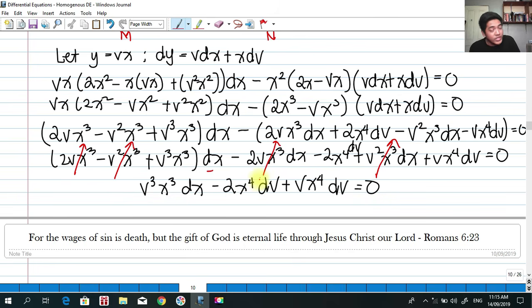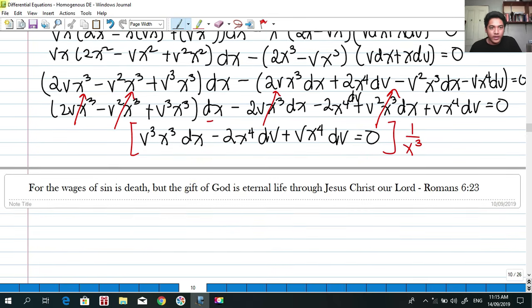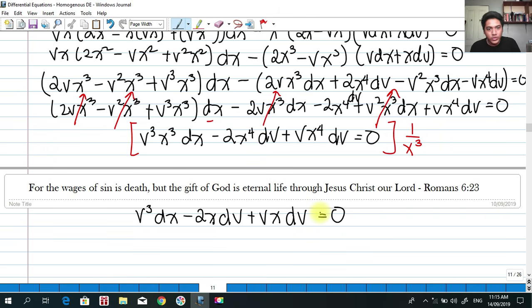We can split off x cubed here and here, so we can divide both sides of the equation by x cubed. Our resulting equation would be v cubed dx minus 2x dv plus vx dv equals 0.